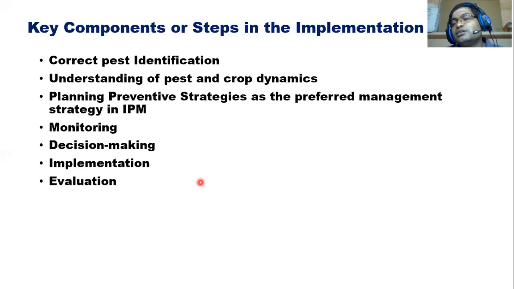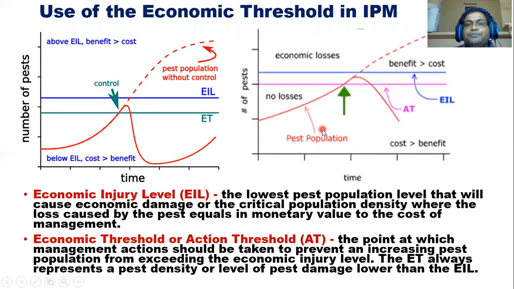If the loss is higher than the cost, then you need to go for it, right? So these are the evaluation steps before implementing suitable management tactics. These are the key steps while implementing integrated pest management.